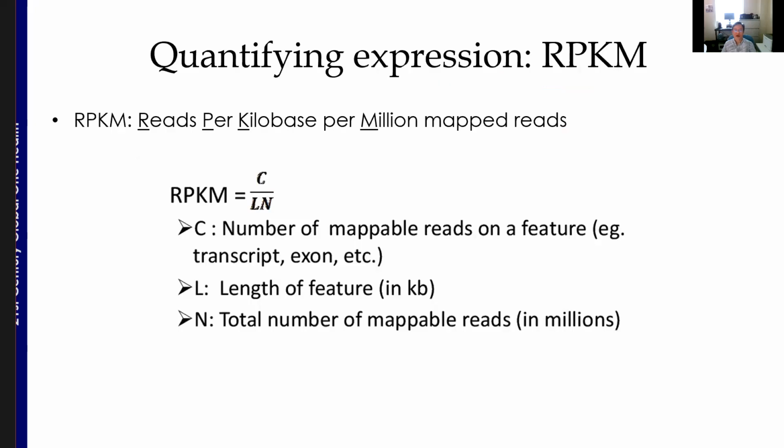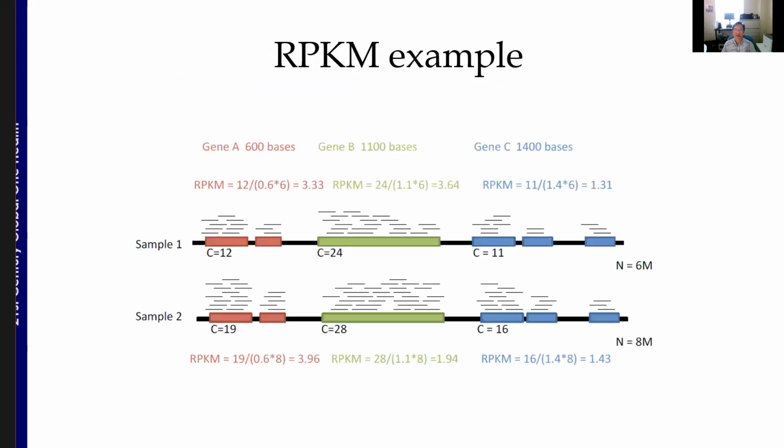You can count how many mRNA reads have been mapped to a particular gene. You can measure gene expression level using so-called RPKM. And this is one example to show you how the RPKM is computed.